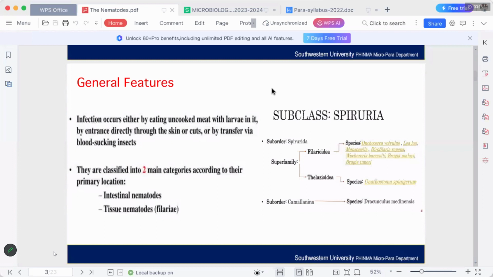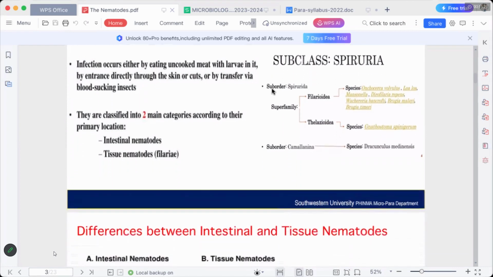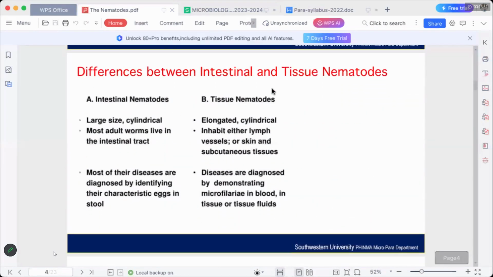I just put that, but that's not important in medical parasitology. So what are the differences between your intestinal and your tissue nematodes?